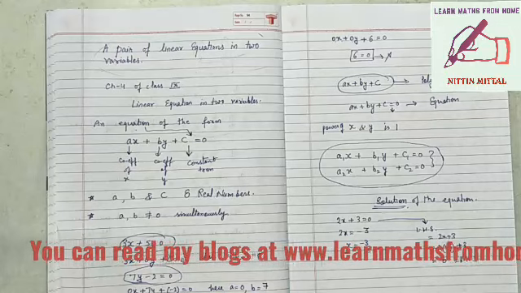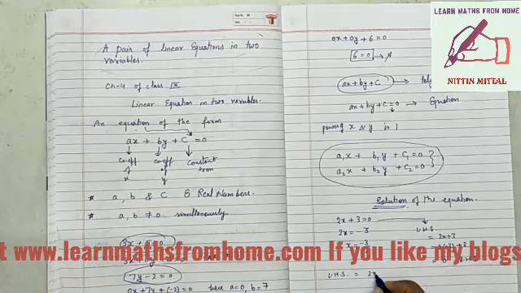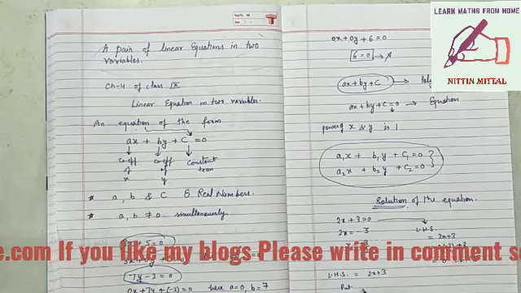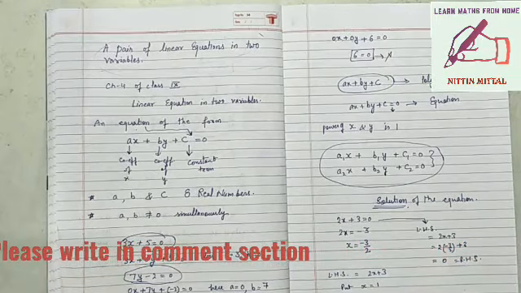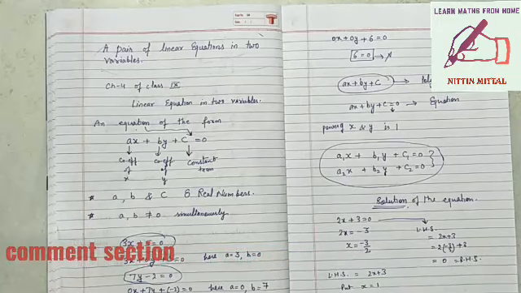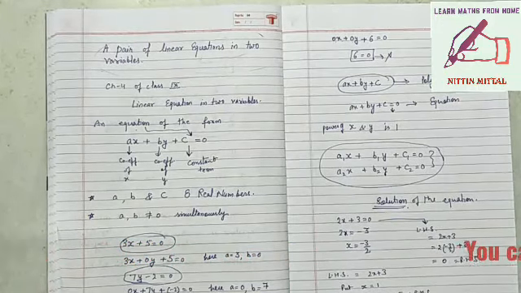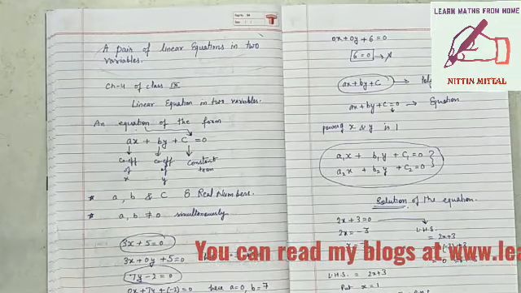And if I put a value randomly, say I take the left hand side 2x plus 3. Now I am just putting a value randomly, on a hit and trial basis. I am putting x equal to 1. So what will happen? 2 into 1 plus 3, that makes it 5, which is not equal to the right hand side. So we can say 1 is not the solution of the equation, right?